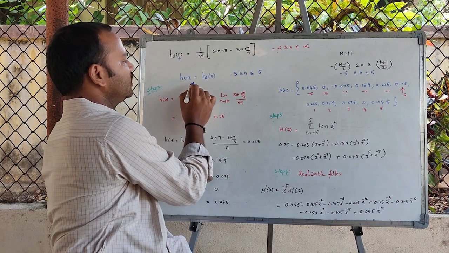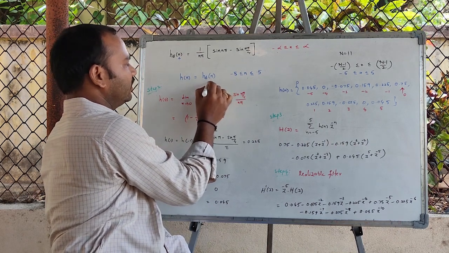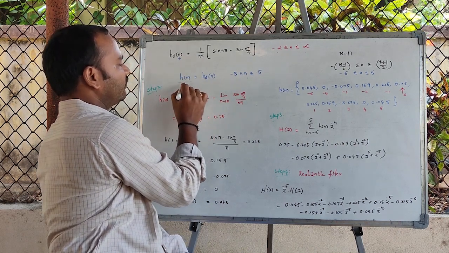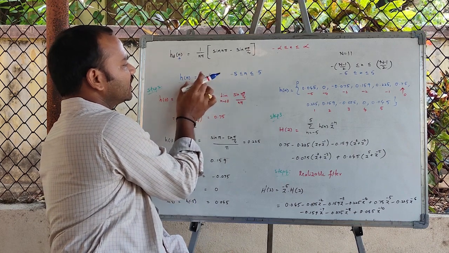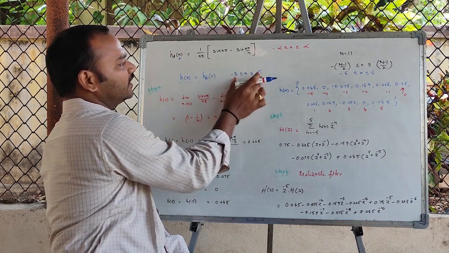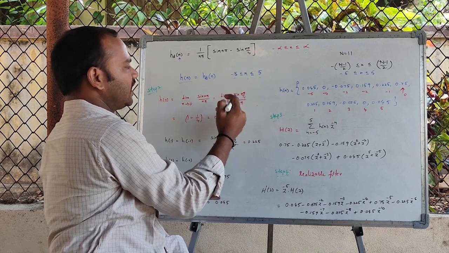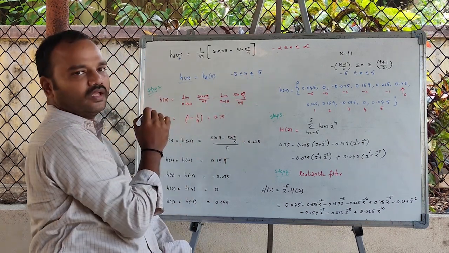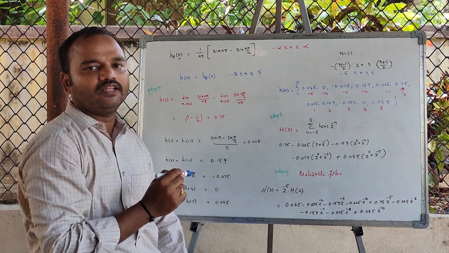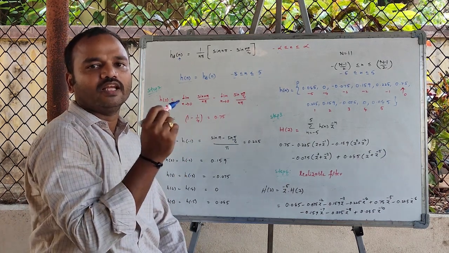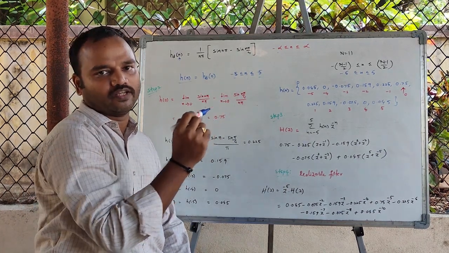So h of n is equal to Hd of n. This is the truncated FIR filter, and this is exactly equal to Hd of n in the interval minus 5 to plus 5. Now the next task is step 2. In this step, we will find the values of h of n in the range minus 5 to plus 5.